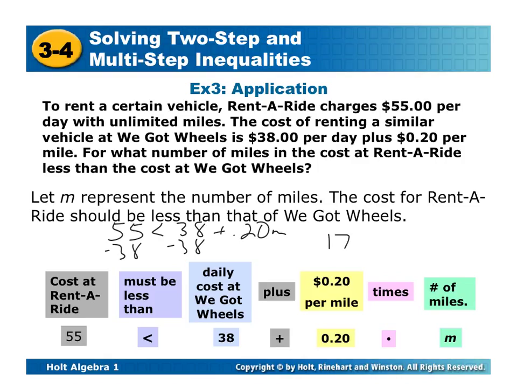So 17 has to be less than our 20 cents per mile. So if I divide both sides by the 20 cents, I get that 85 has to be less than the number of miles that you drive. So if your number of miles is more than 85, then the cost at Rent-A-Ride would be less.